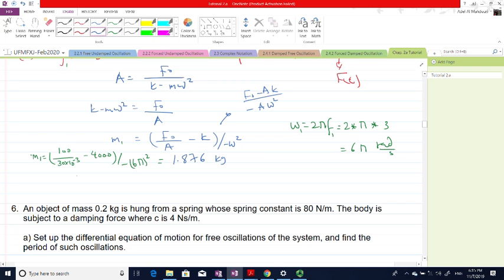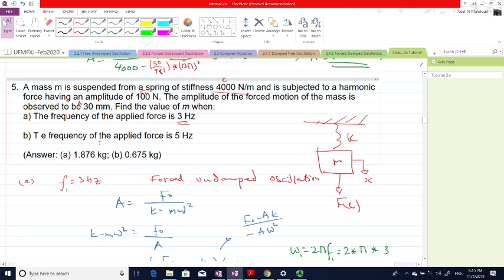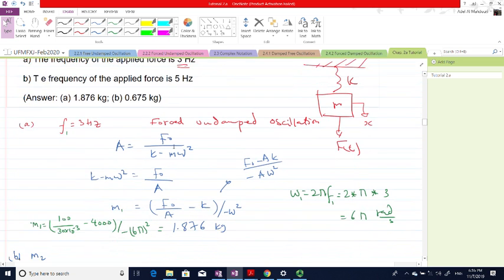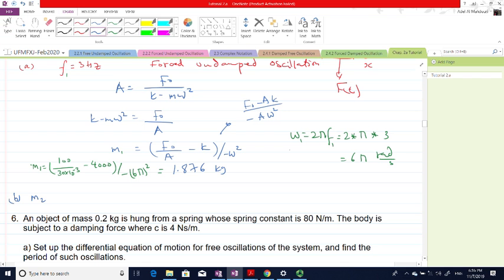Kilogram. Okay. So M2, which is part B. If you apply the frequency 5 Hertz, you just put in omega for 5 Hertz, and omega 2 will be 2 pi multiplied by 5, and that will be 10 pi.